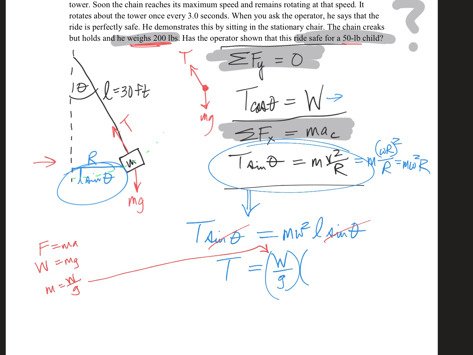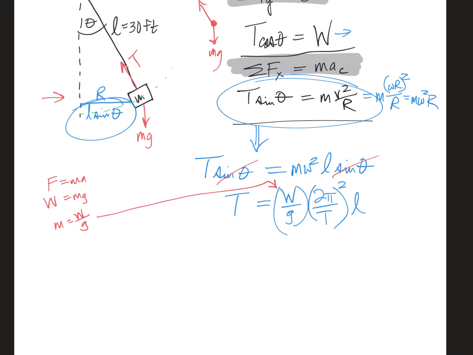All right. Omega is going to be 2 pi over the period. Again, that's just a general definition that predates this course, but we use it, it's getting squared. And then the length. So now I believe I have a force equation, or tension of the rope equation, that we're concerned with, all in things that are known. So if I put the child, which has a 50-pound weight, and since we're dealing with pounds, then it's 32.2 is the constant for gravity instead of 9.8.